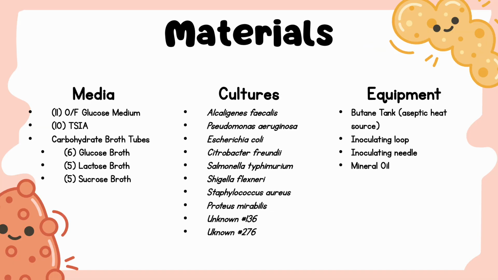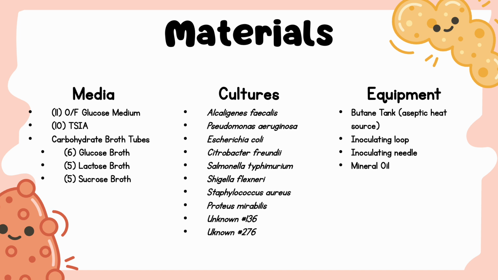For our materials, we used 11 OF glucose medium, 10 TSIA, and for our carbohydrate broth tubes, we used 6 glucose broth, 5 lactose broth, and 5 sucrose broth.